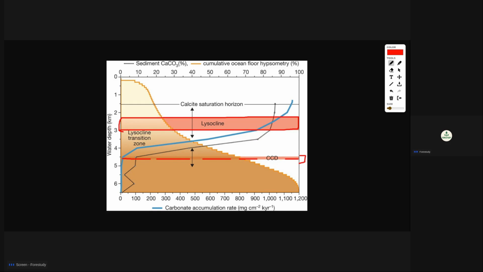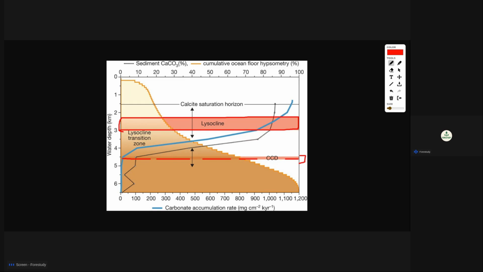Fine. This is the carbonate accumulation rate, the blue line. So above the lysocline there will be complete carbonate precipitation.